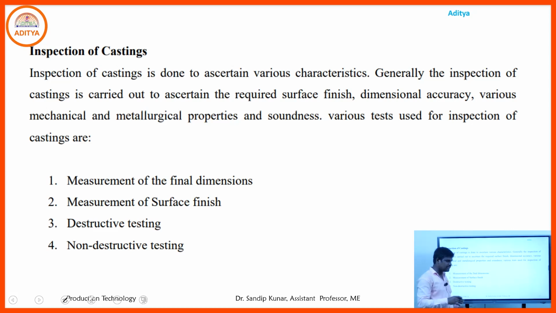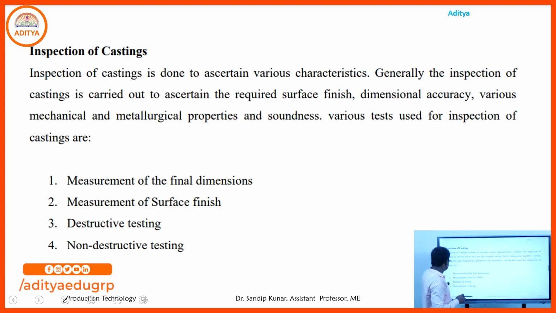For example, if the required diameter is 30 millimeter for a cylindrical part, it should be 30 millimeter or below or above, so we measure it using measuring instruments. After finishing we inspect whether the dimensional accuracy is good or bad.